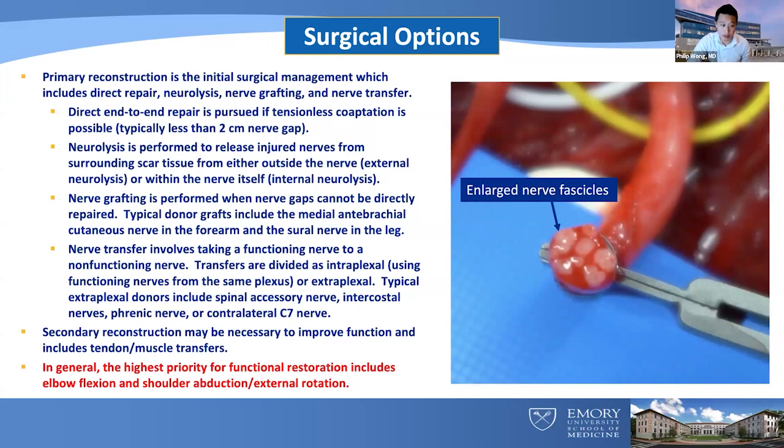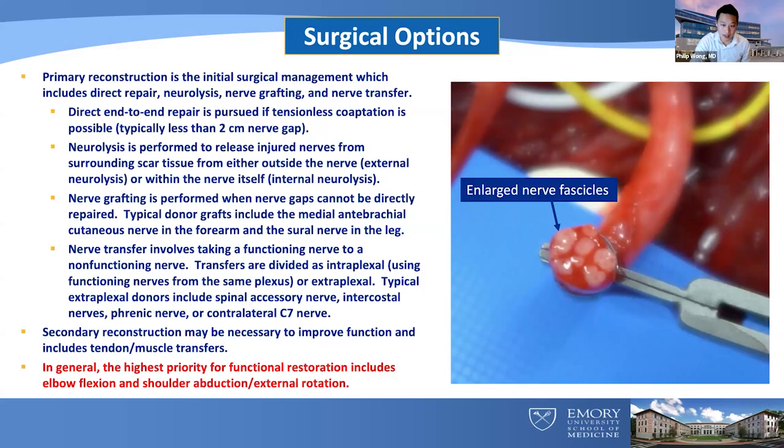And then nerve transfer involves taking a functioning nerve to a non-functioning nerve. Typical functioning donor nerves can be transposed to the muscle that they want to work. Typical extraplexal donors include spinal accessory nerves, intercostal nerves, phrenic nerves, or the contralateral C7 nerve.